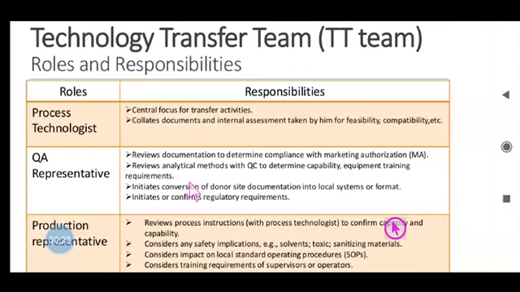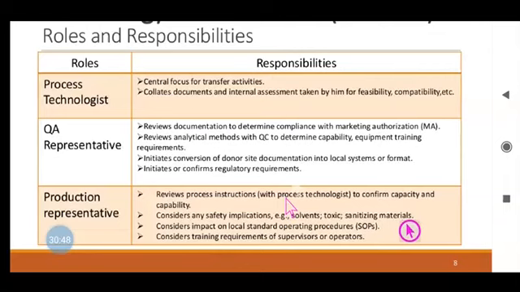So these are the essential components. Then he initiates conversion of donor site documentation into local system or format, and he also initiates or confirms regulatory requirements. The quality assurance representative also confirms the regulatory requirements required for the transfer of the technology.